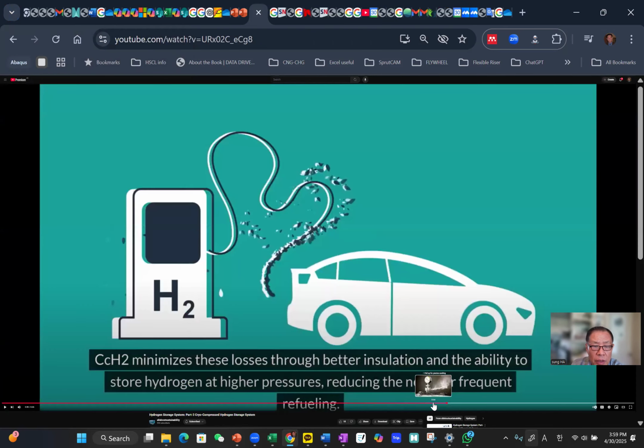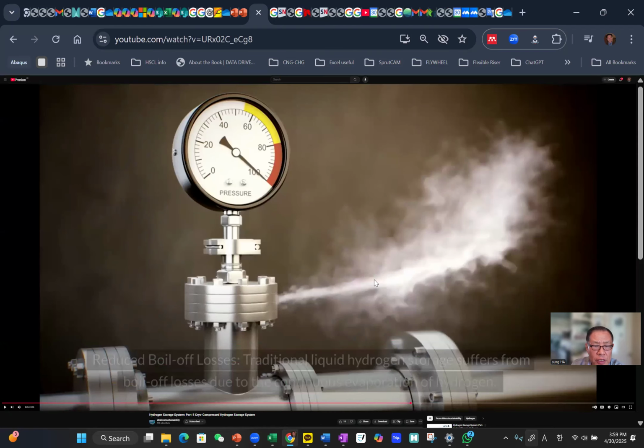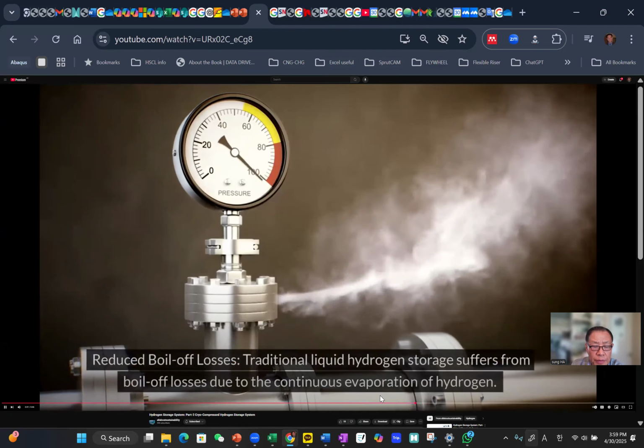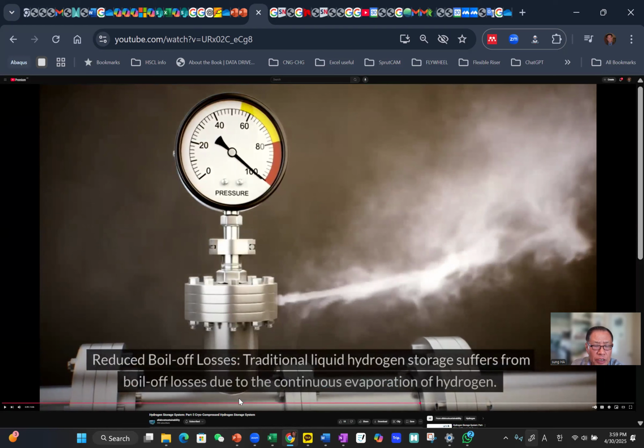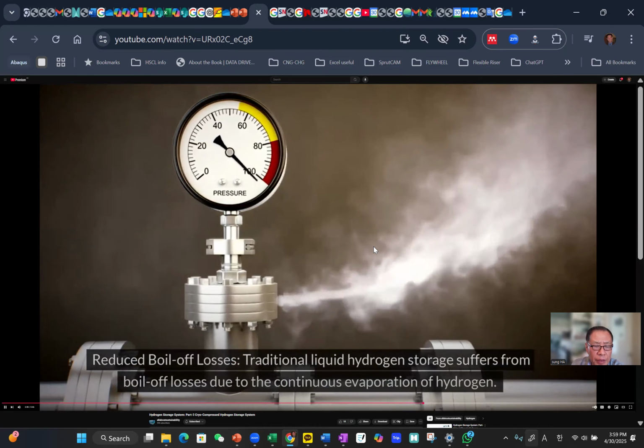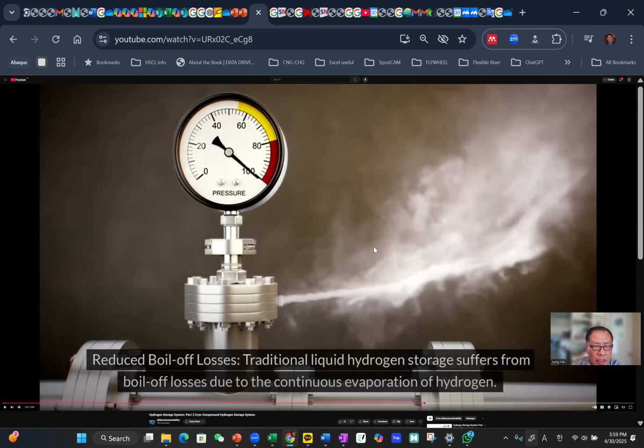I hope you noticed this is a CCH2. Buses. Traditional liquid hydrogen has boil-off. As I explained, whenever the pressure is increased, we have to release hydrogen gas to lower the pressure. This is the procedure of boil-off. Storage suffers from boil-off, and even with the CCH2 we have to boil off because the temperature may increase slightly.